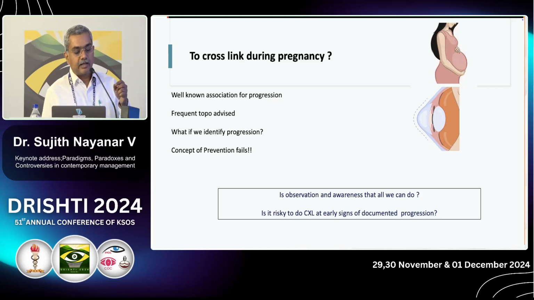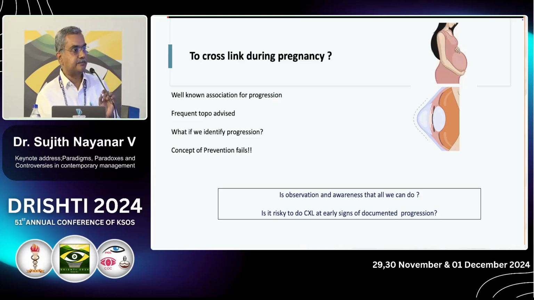So, is it actually risky to do C3R during pregnancy? It's not very well documented. One report which I read said that it doesn't have any effect on the baby or the mother. Probably the results are a little unpredictable because of the hormonal changes and the collagen loosening.